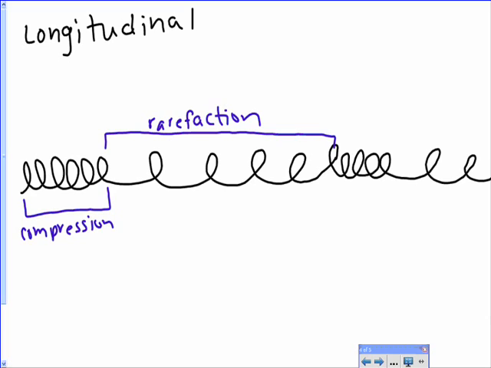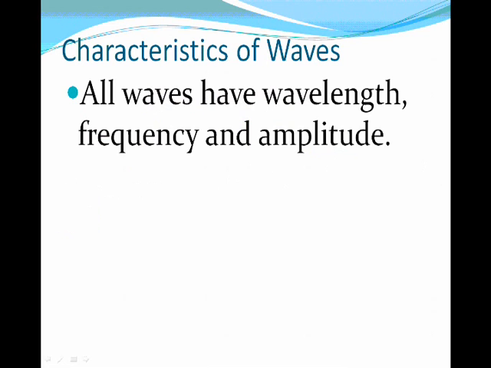Now, where the little parts of the wave are all squished together and all compressed, that's called a compression. When the spring-like parts of the wave spread out and have more space in between them, those are called rarefactions. Also, make sure you draw this and label this, because these drawings will also help you understand the characteristics of the wave a little bit more.